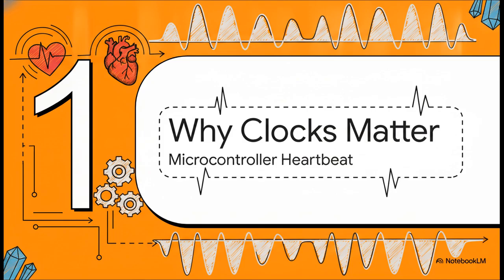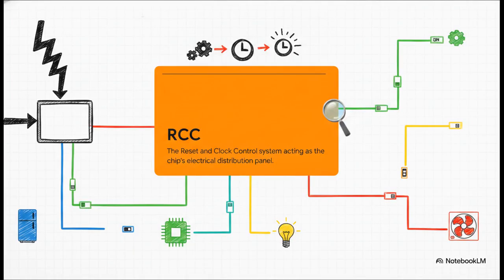Why exactly is this the literal lifeblood of your chip? The absolute crucial thing to grasp here is that the STM32 doesn't just have one single clock powering everything at once. No way. It actually uses an incredibly complex, highly segmented distribution network called the RCC, or Reset and Clock Control.